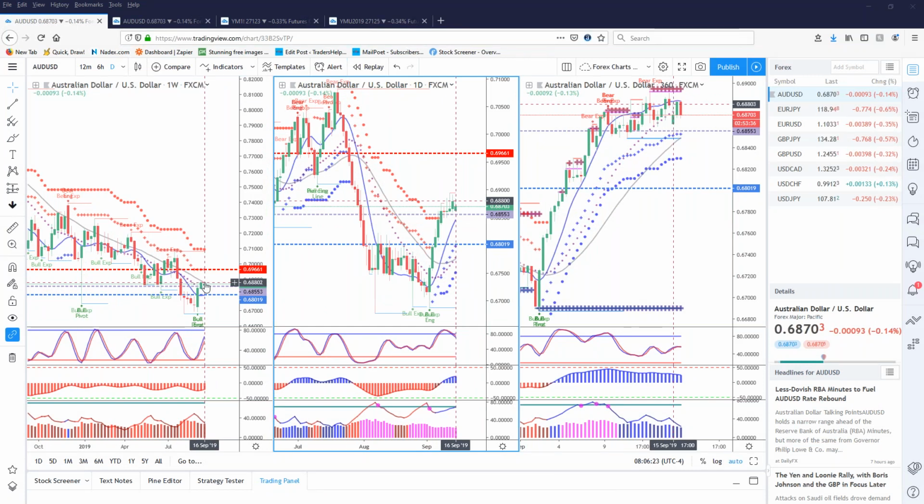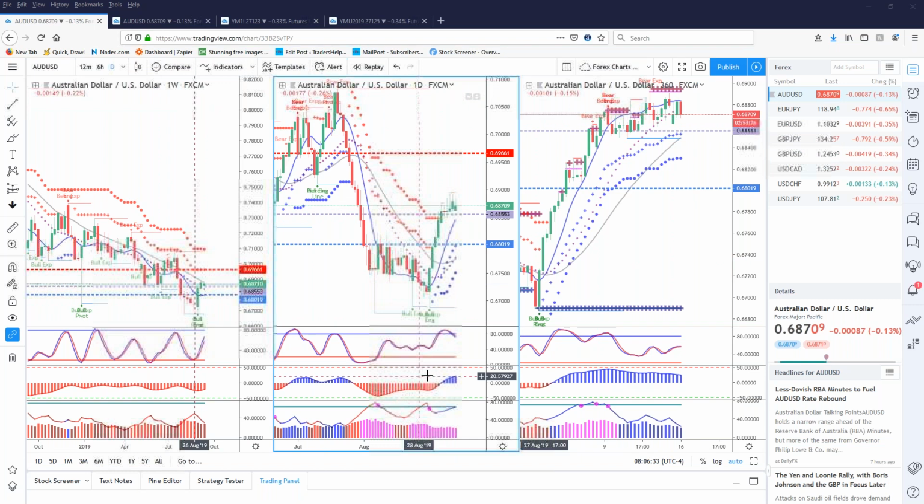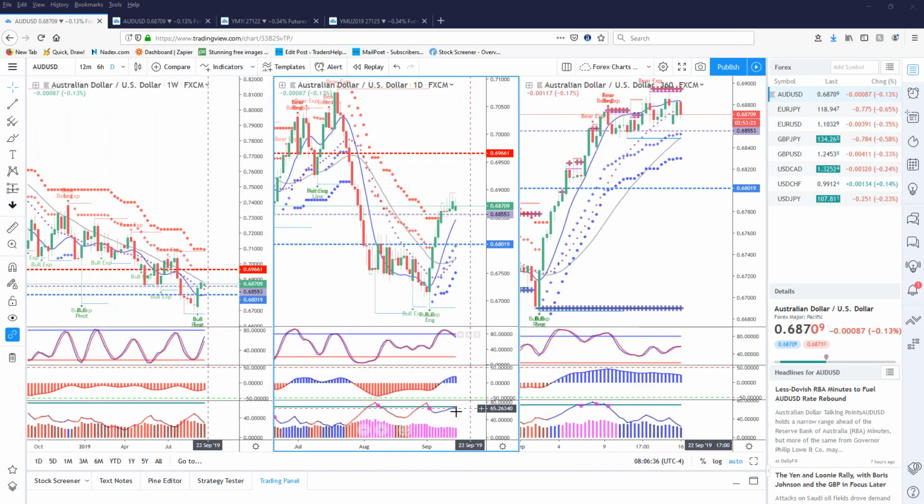Now, the slow moving average is a really strong moving average. Okay. So it's not unusual to see that resist price. In addition to that, you're overextended on the stochastics here and on the ADX. That tells me we should get a retracement probably back to 68.01 on a higher time frame. Everybody understand that?